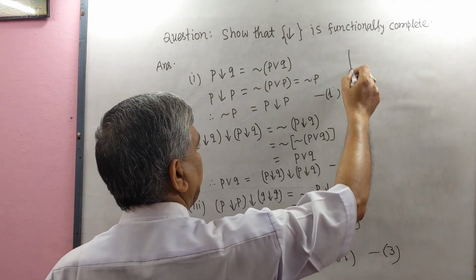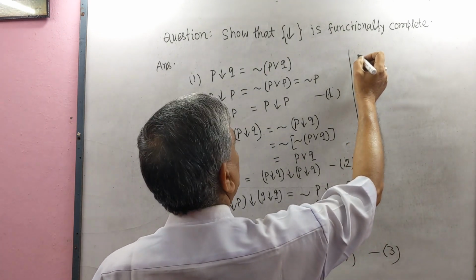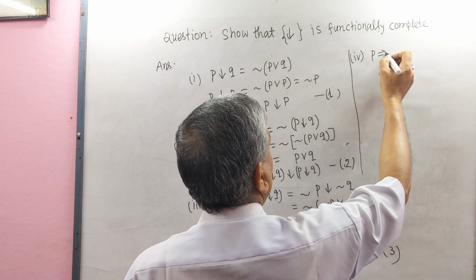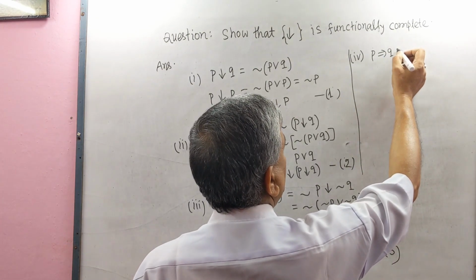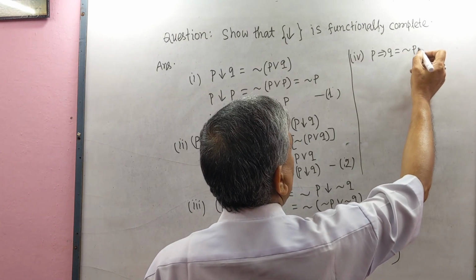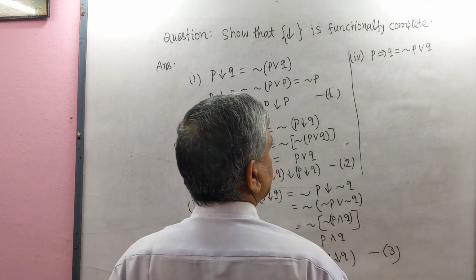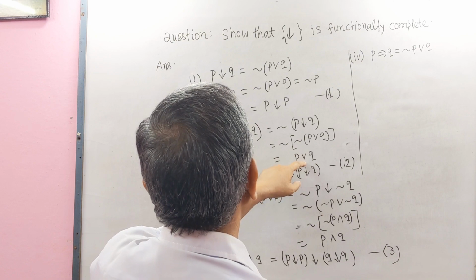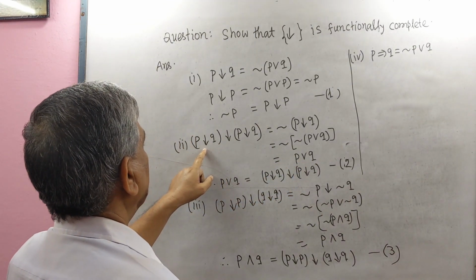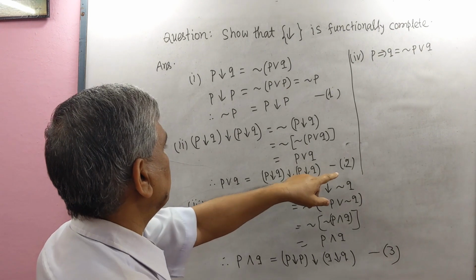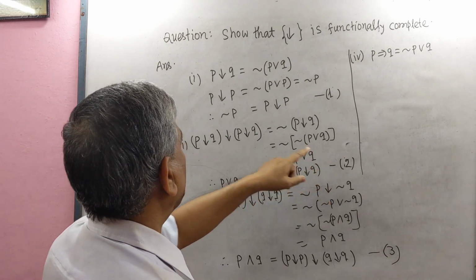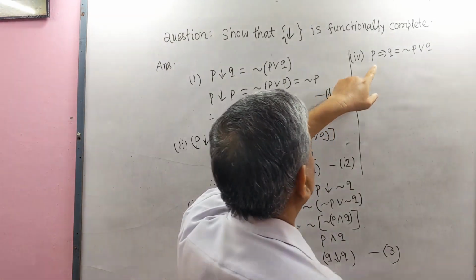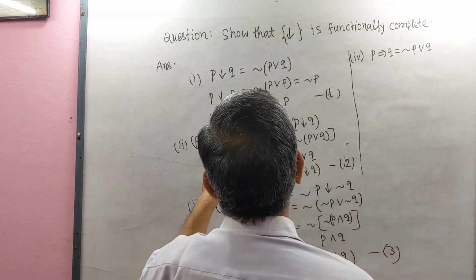Since in implication, number 4, P implication Q equals negation P disjunction Q. In the disjunction case we use result 2, and for negation we use result 1. So we will get P implication Q in terms of NOR only.